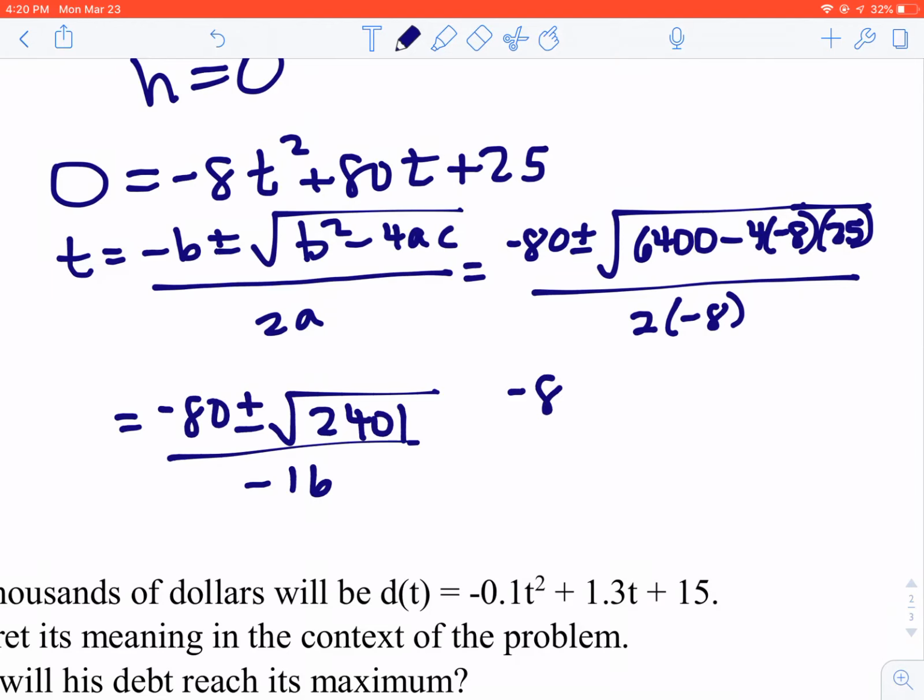So negative 80 plus 49 all over negative 16, and negative 80 minus 49 all over negative 16.